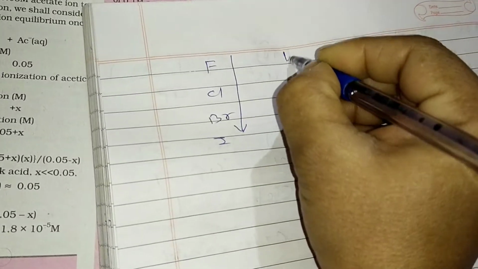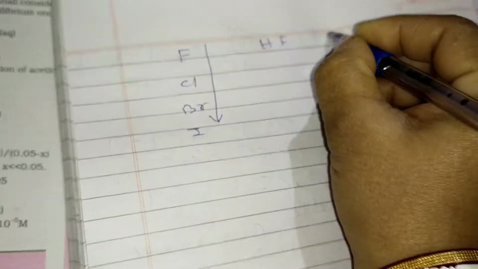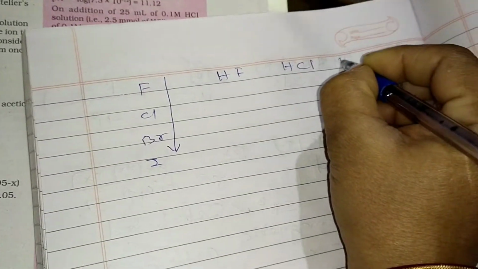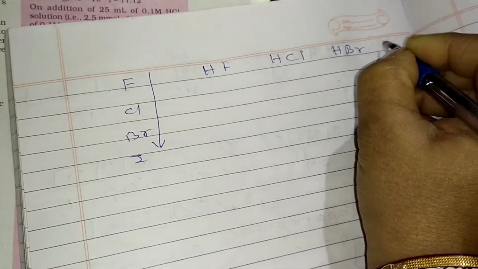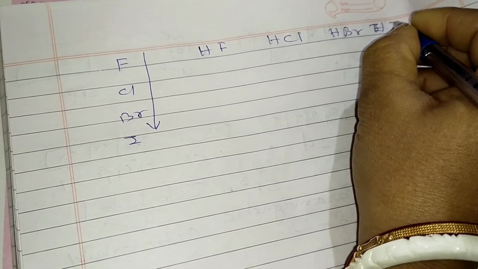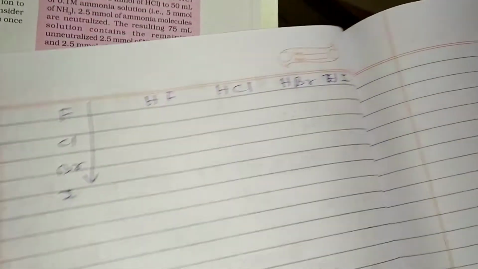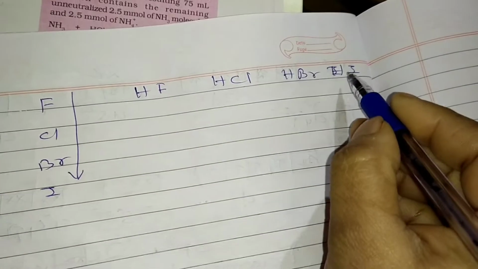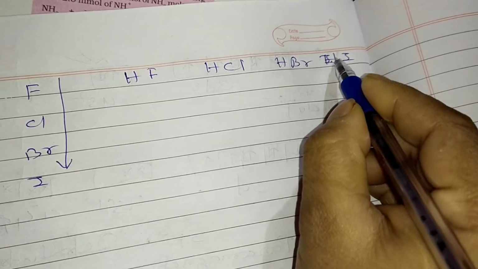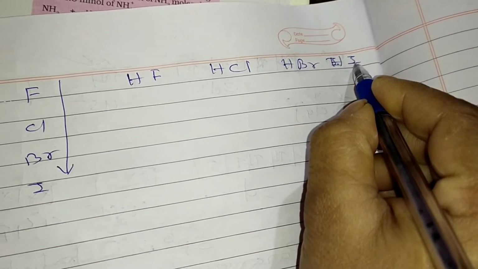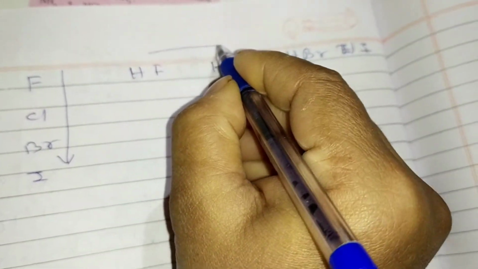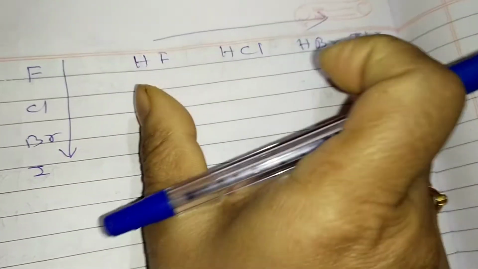So when size is increasing, the distance between the hydrogen and the halogen will be increasing.